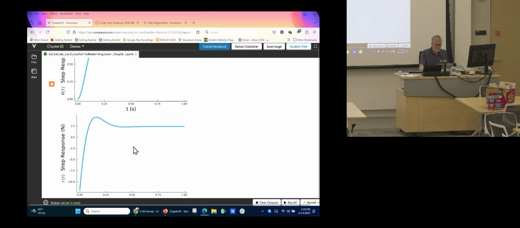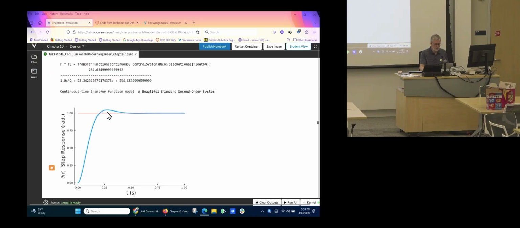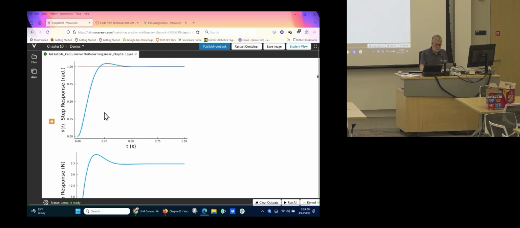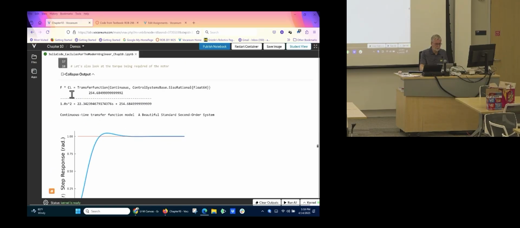Okay, so we've got the angle controlled really well. It's a standard second-order transfer function. So the precompensator times the closed loop is omega n squared over s squared plus 2 zeta omega n s plus omega n squared. That's why we get 1 here.